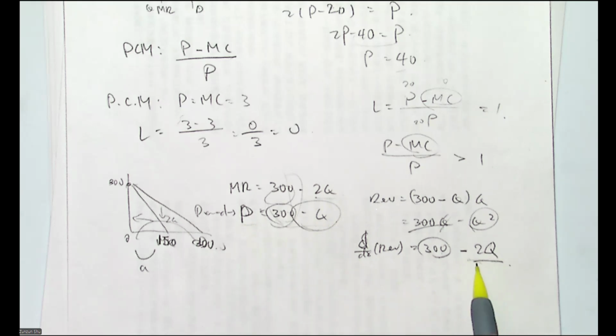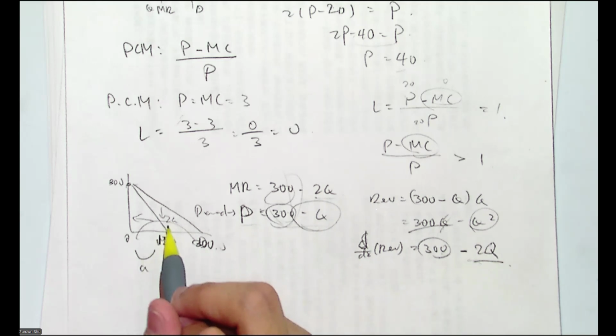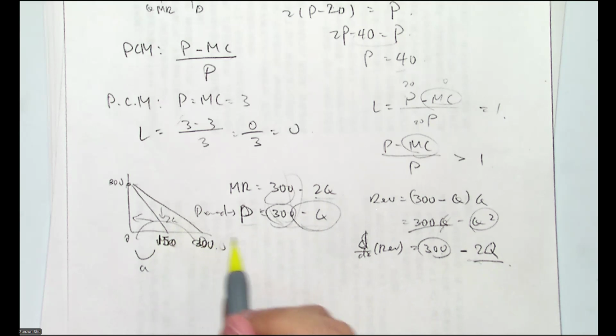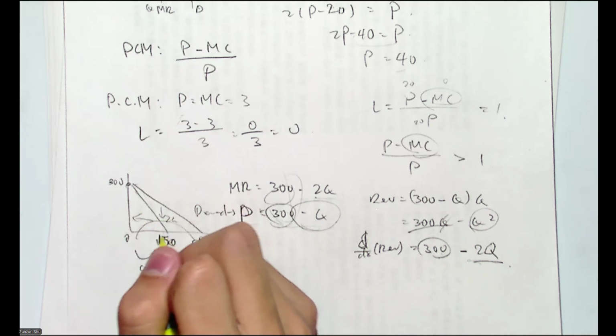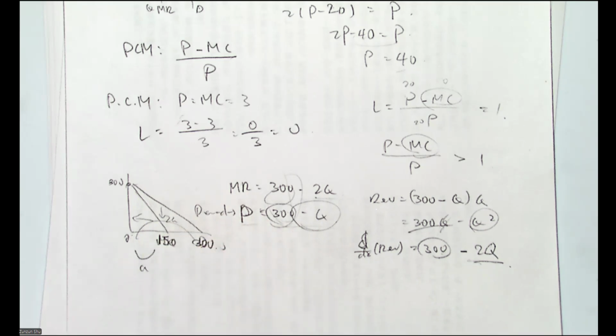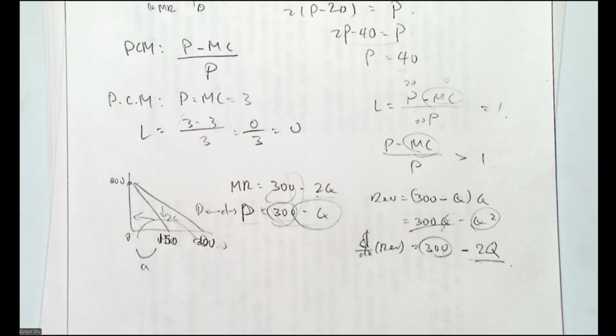So that is why almost always you'll see that your MR slope is going to be 2 times the slope of your demand curve, which in other words just means that it's going to be 2 times steeper, or the distance from here to here is half the distance from here to here. It's because you use Q squared.